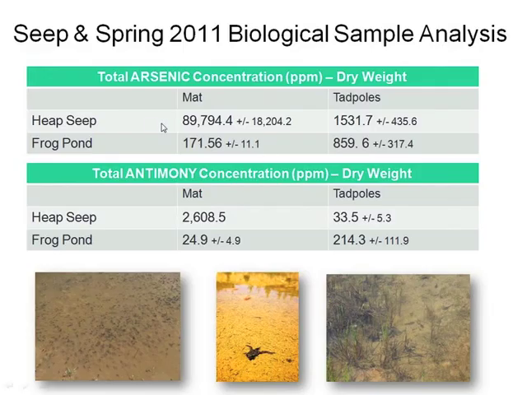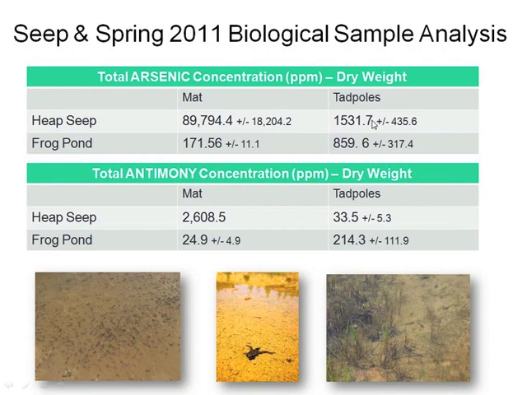So the microbial mat has arsenic concentrations of 89,000 ppm. Okay, and the reason is that it's just full of basically arsenic sulfide minerals. And then here's the antimony concentration down here for that microbial mat, 2,000 ppm.